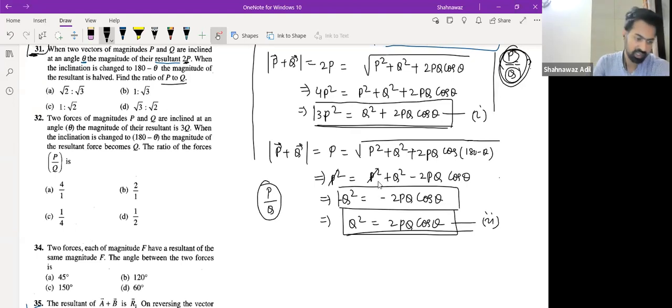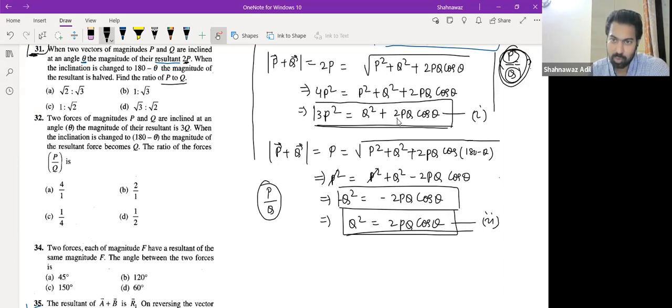What is the undesired variable? Yes, in first and second, theta. Yes, absolutely right. Theta is the undesired variable. Right. Yes, Akib and Yasir.